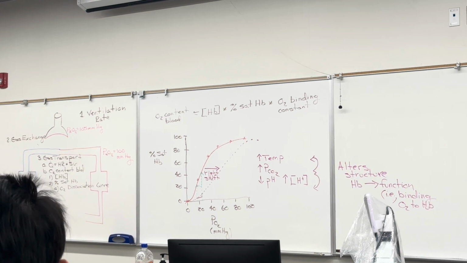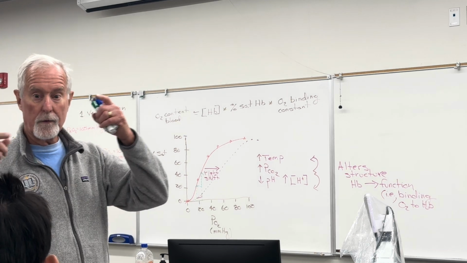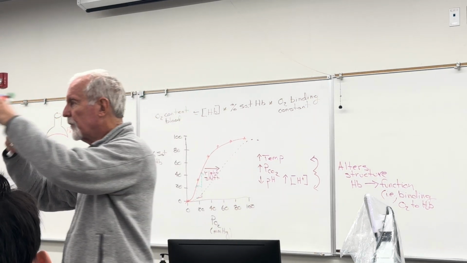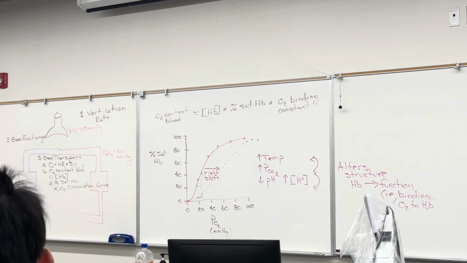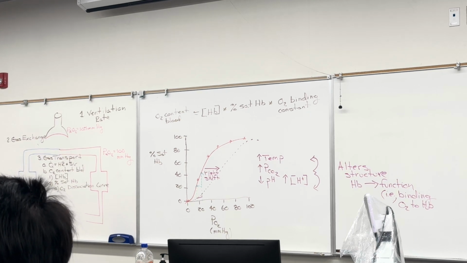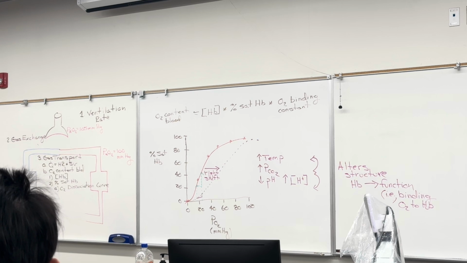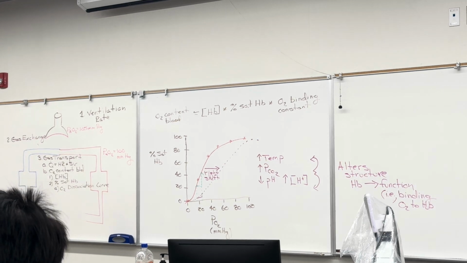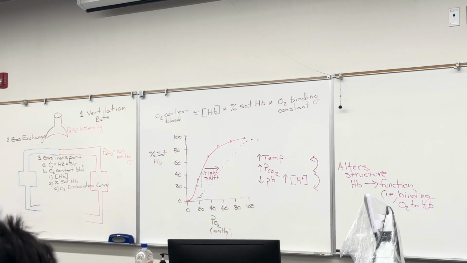No. Did I tell you I've got this neurological thing where I reverse things often? Yes, you're right. The slope is less. That slope reflects, you're all writing this down, right? The slope reflects the affinity that hemoglobin has for oxygen.